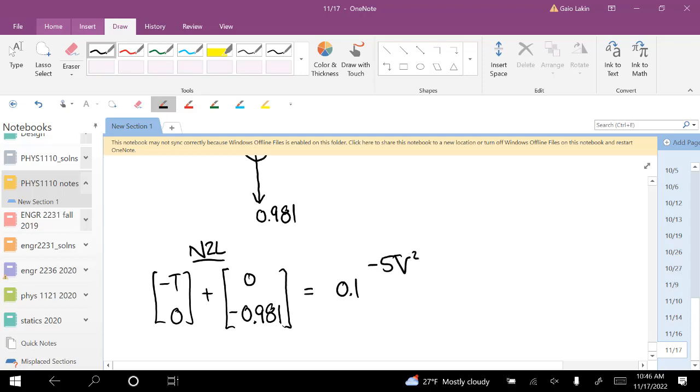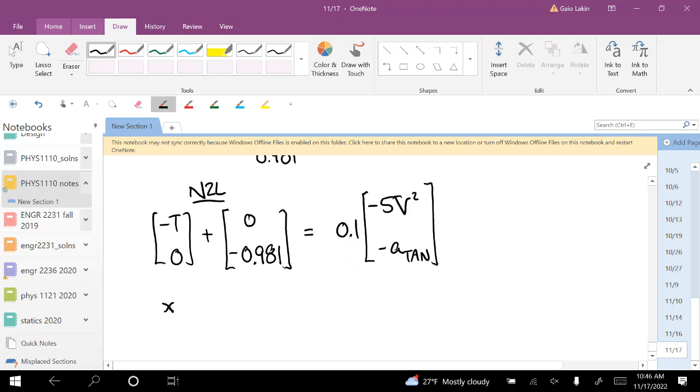It's negative 5v squared for x, negative a tan for y. And so we get two equations. The x equation says negative T is equal to negative 0.5 v squared. And the y equation says negative 0.981 is equal to negative 0.1 a tan.